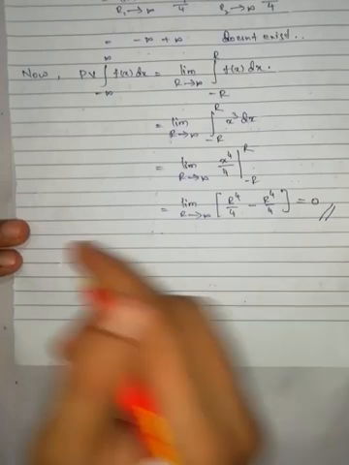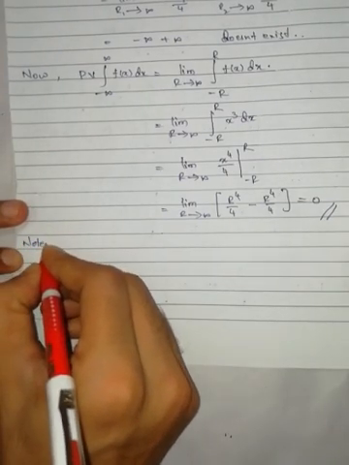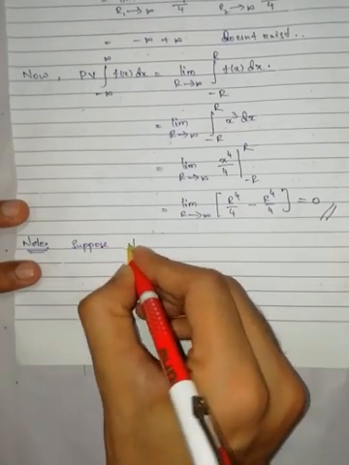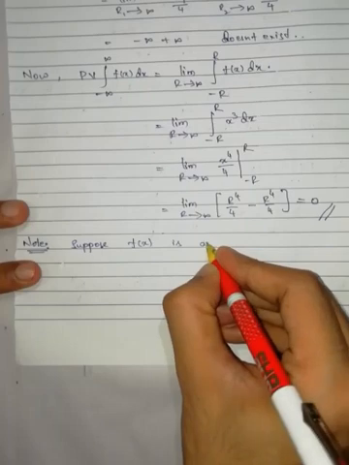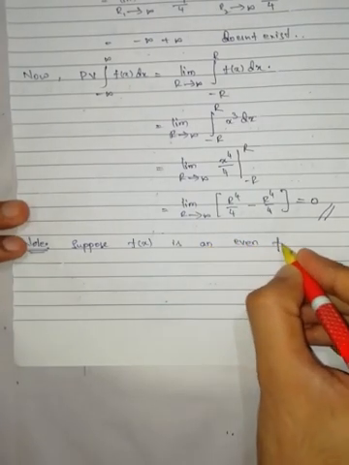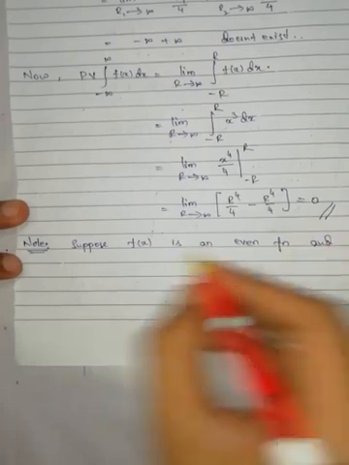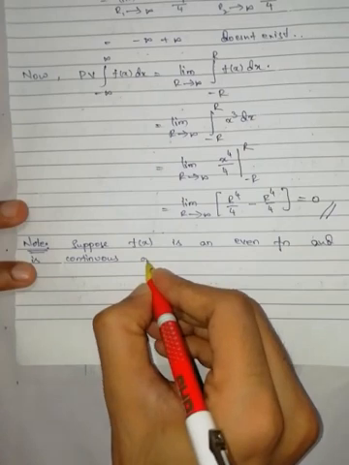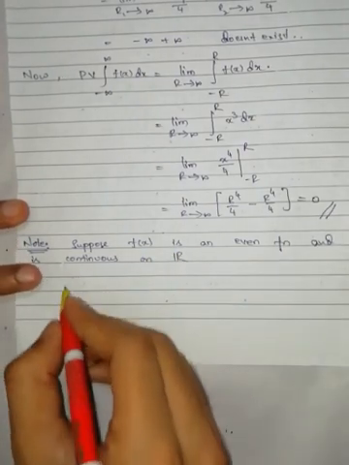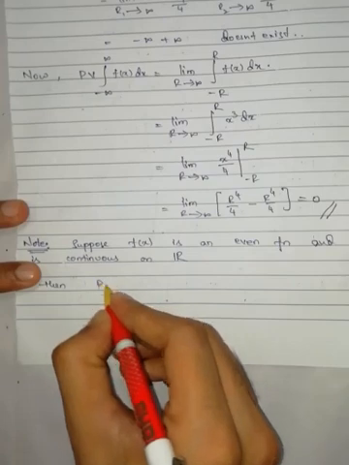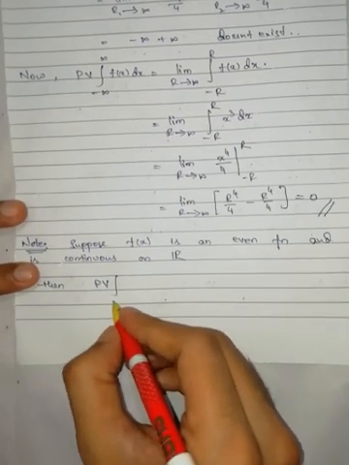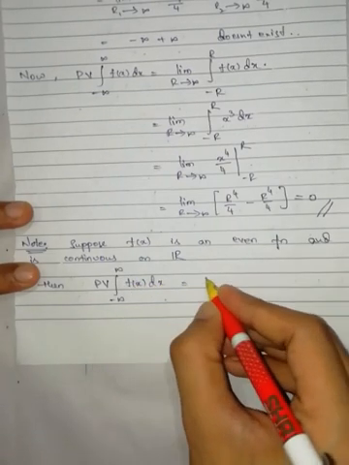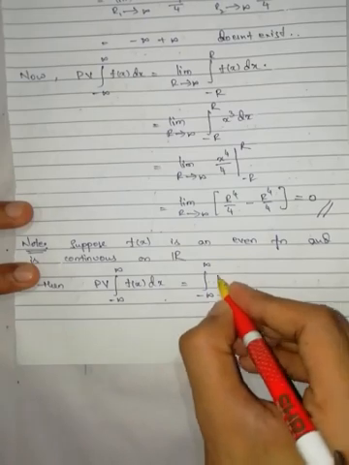Now note, suppose f of x is an even function and is continuous on the set of all real numbers, then the principal value of integration minus infinity to infinity f of x dx is nothing but integration minus infinity to infinity f of x dx.